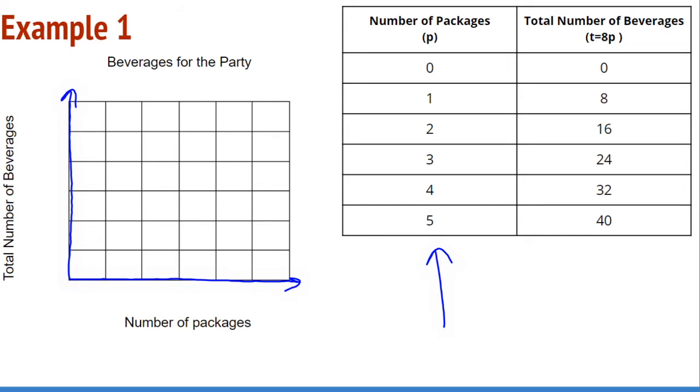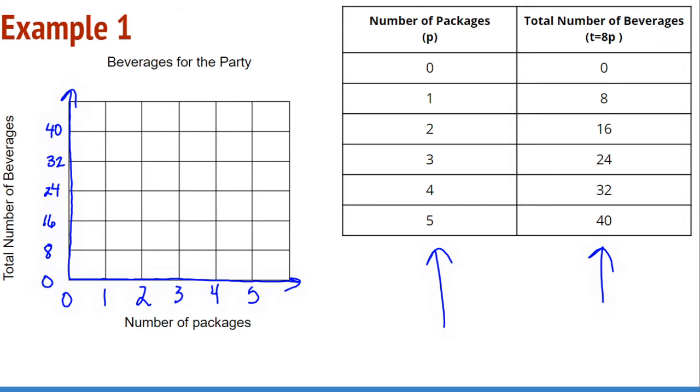I start at 0 packages, and then I have 1 package, 2, 3, 4, and 5 packages. As I look at my beverages, I can see that I'm counting by 8s there. Once again, I have 0 beverages, but then I'm counting by 8, 16, 24, 32, and 40.